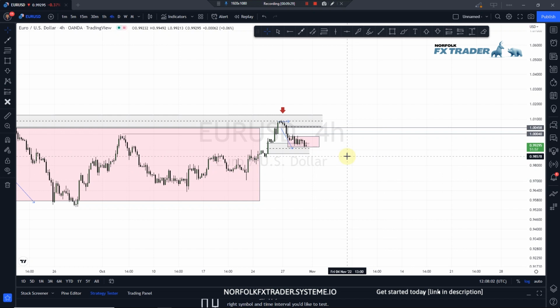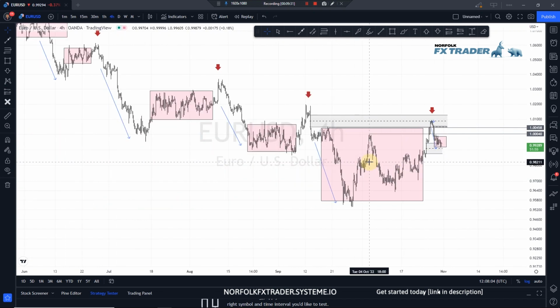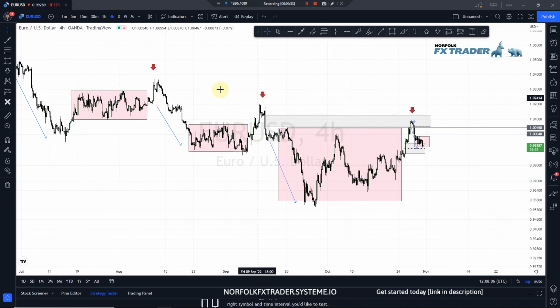Now, the idea of using this type of strategy is just to really help you to read the market flow. So you can see the trending situation, the consolidation, and then the manipulation phase. Now, even in this manipulation phase, you can see the one candle reversals. You can see the market manipulates, reversal, continuation.